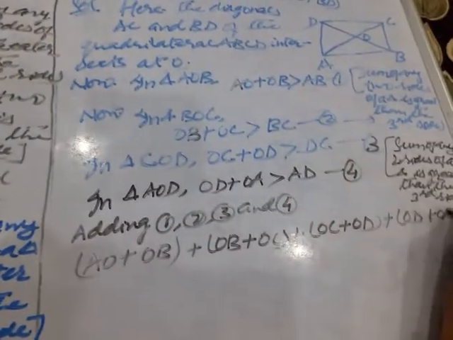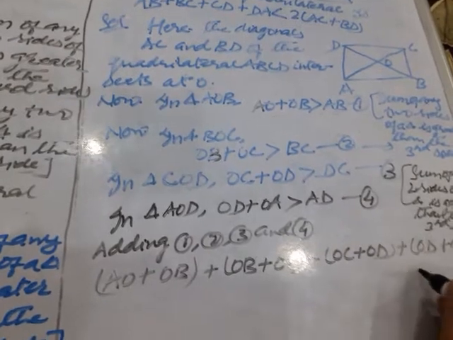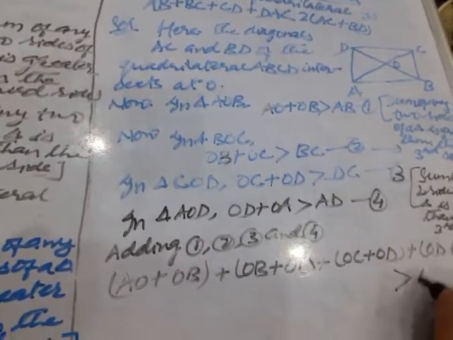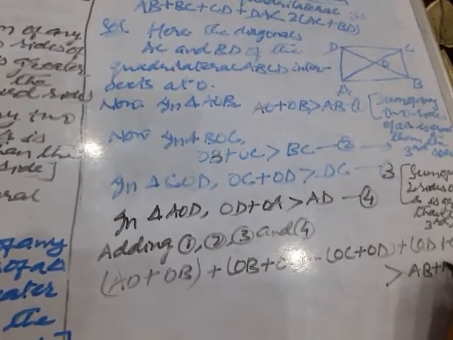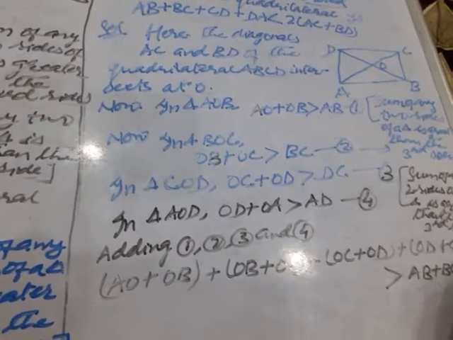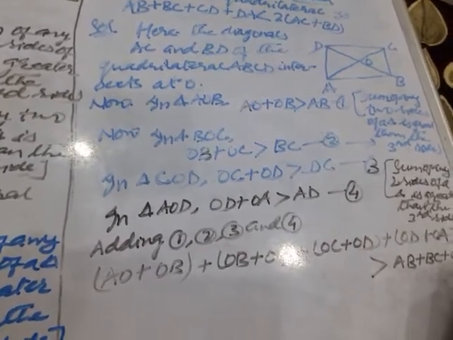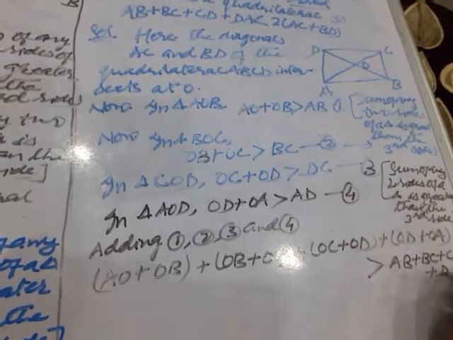Clear children? Here you see, this is greater than AB plus BC plus CD plus DA.